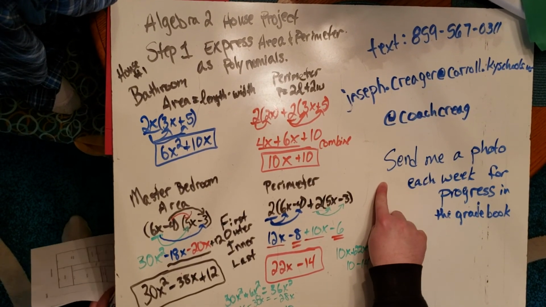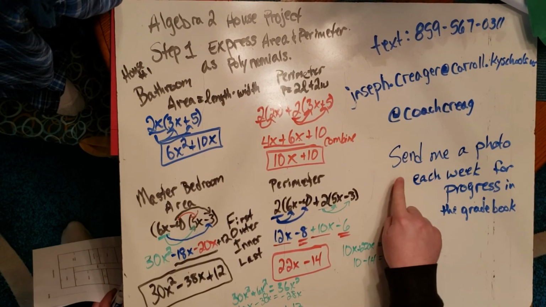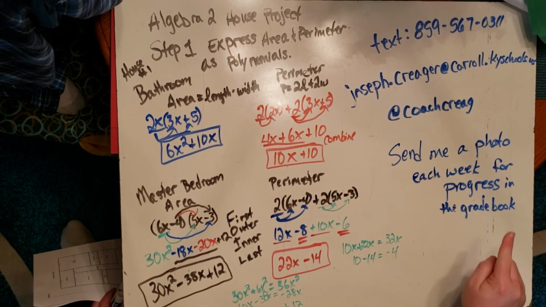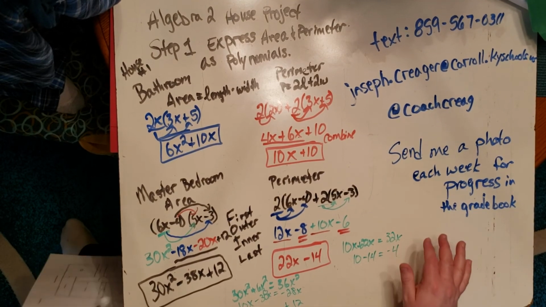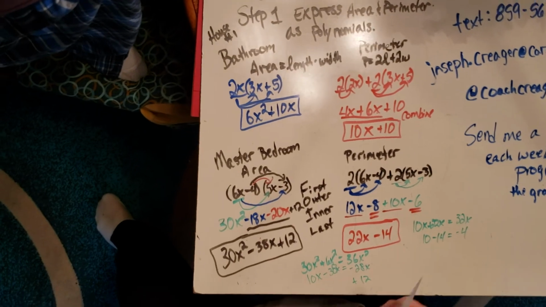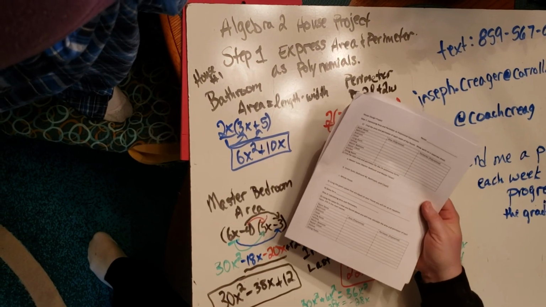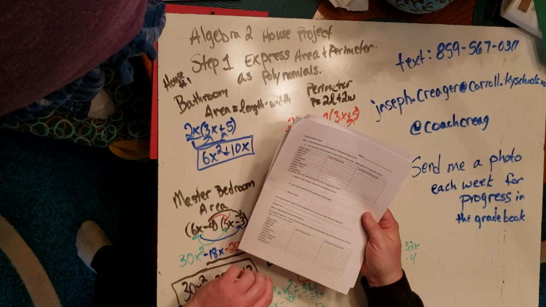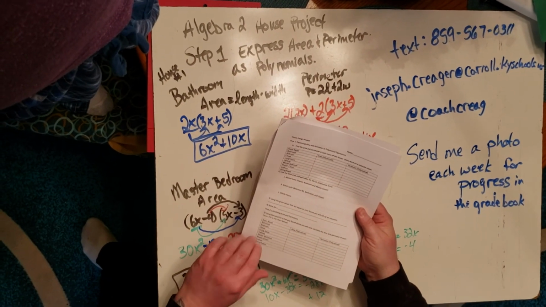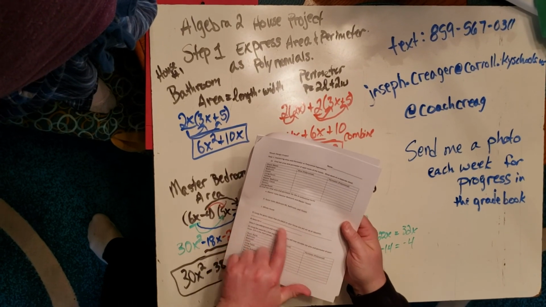What you need to do in order to get grades in the grade book is send me a photo each week of the progress that you're completing, whether that is you completing all of part 1, or answering all of part 2 or step 2 here. Once you do step 1, I can help you out with step 3.